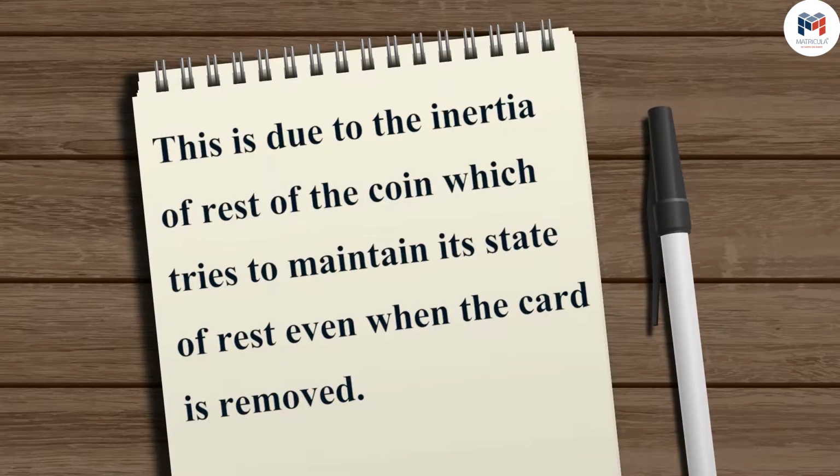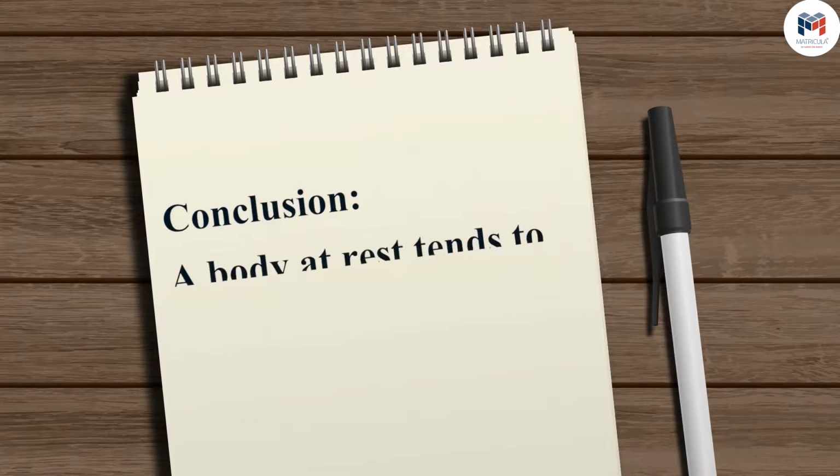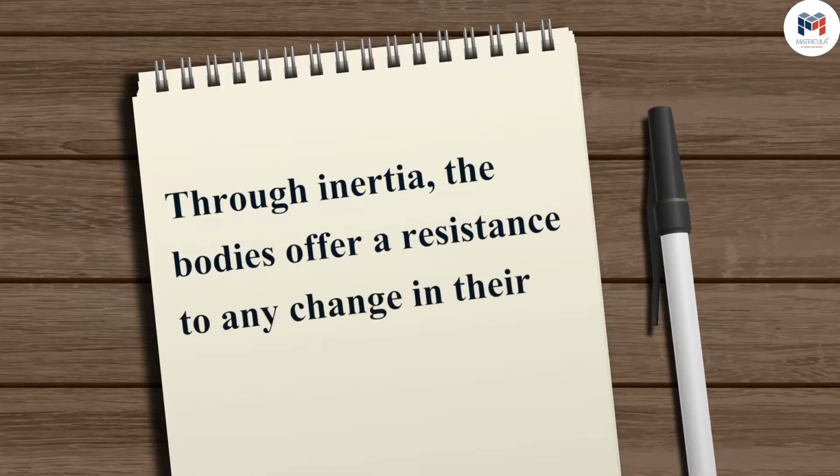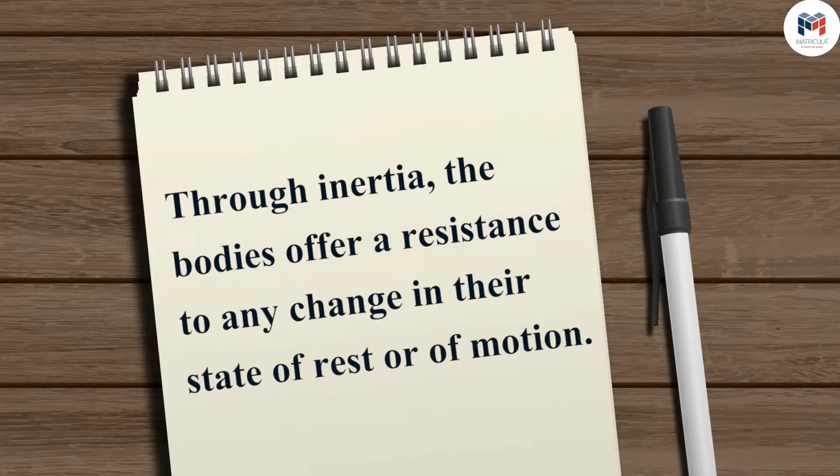This is due to the inertia of rest of the coin, which tries to maintain its state of rest even when the card is removed. From this experiment, we can conclude that a body at rest tends to stay at rest. Through inertia, the bodies offer a resistance to any change in their state of rest or of motion.